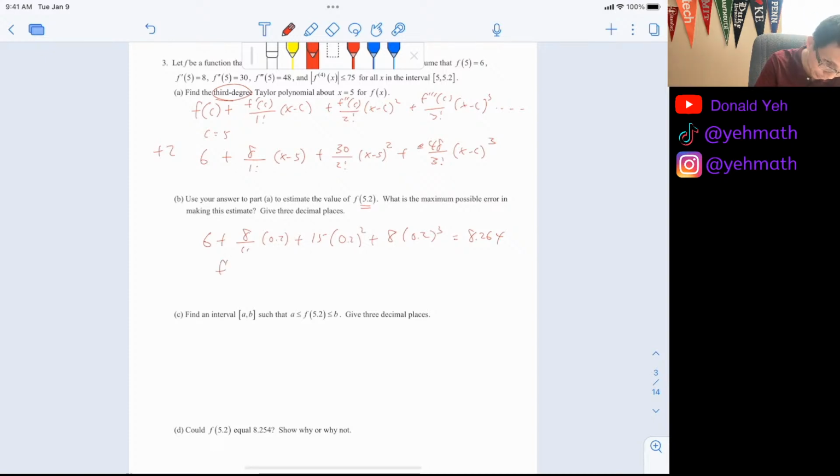So I'm going to write down the fourth derivative of z over 4 factorial times 5.2 minus 5 to the fourth. They already told you the maximum is 75. Just plug in 75 over 4 factorial times 0.2 to the fourth, and that will give you some type of value. I think you're going to get 0.005.